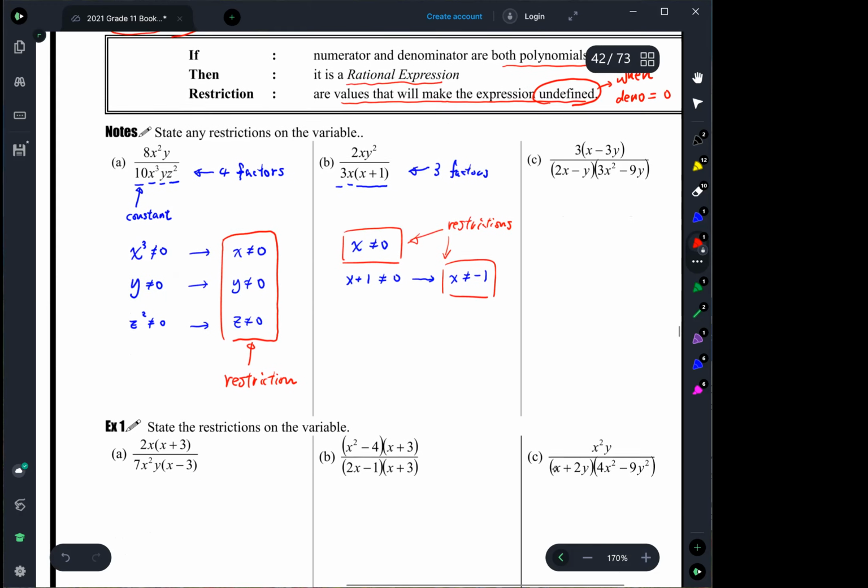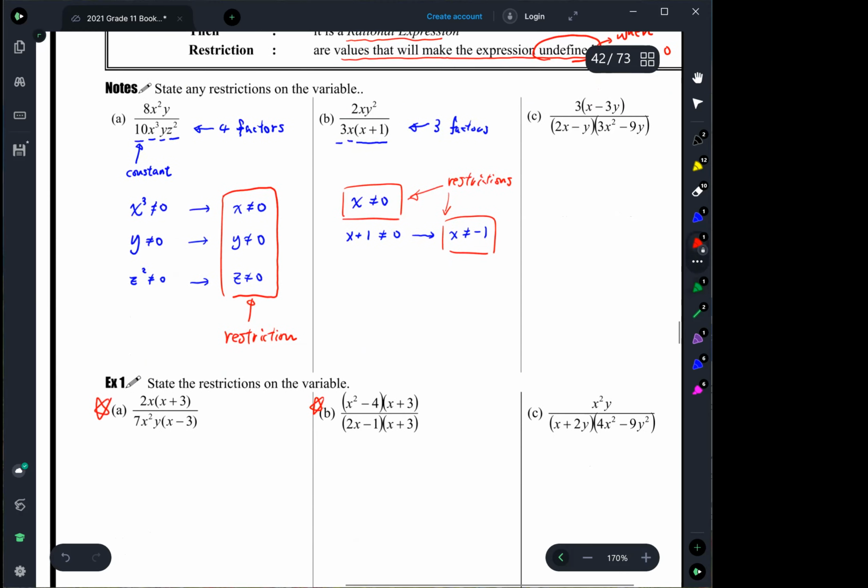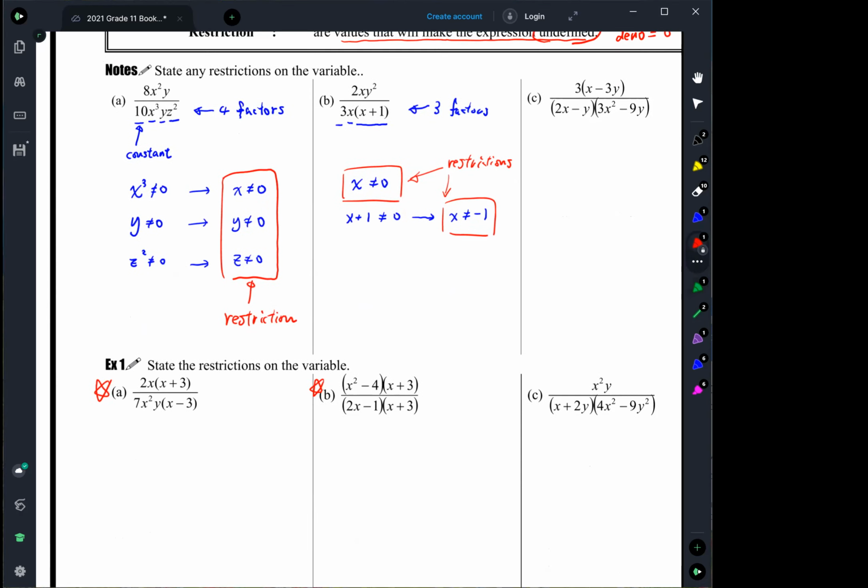Okay, so I would like you to try the following questions A and B at the bottom. Write out all the restrictions. Once you've got the restrictions, you can raise your hand and we'll go over these two.